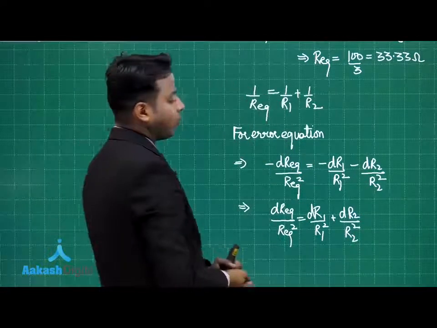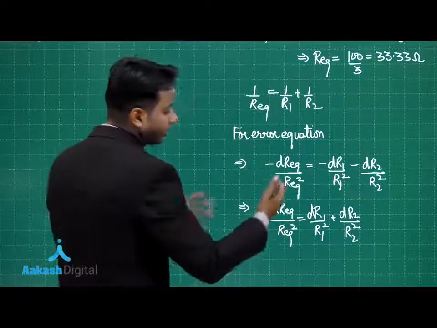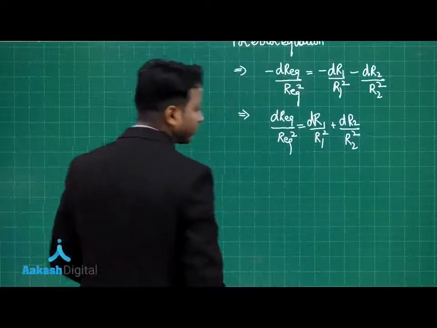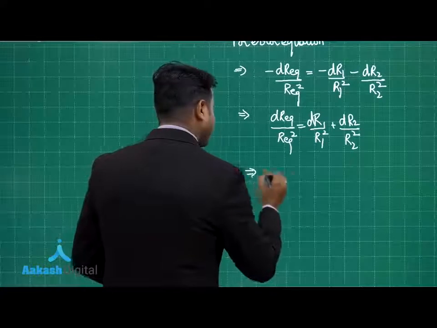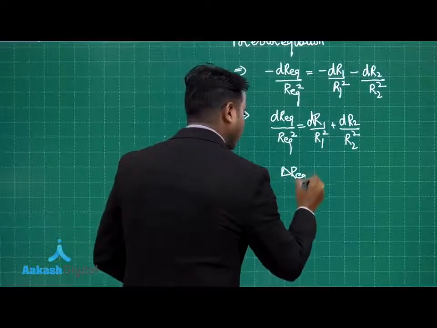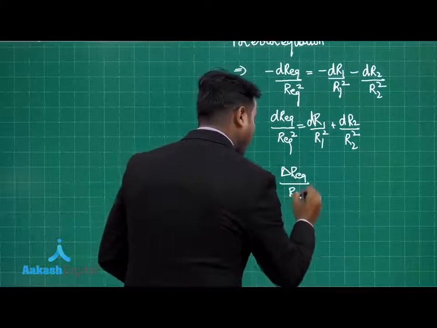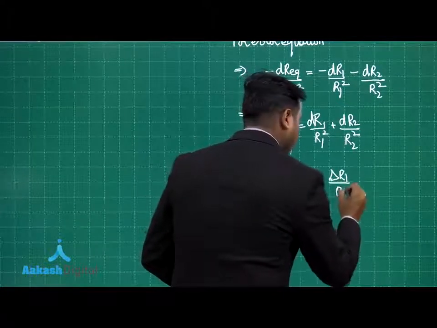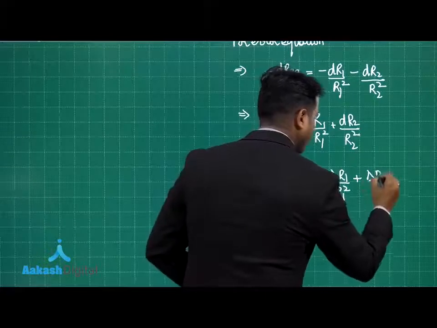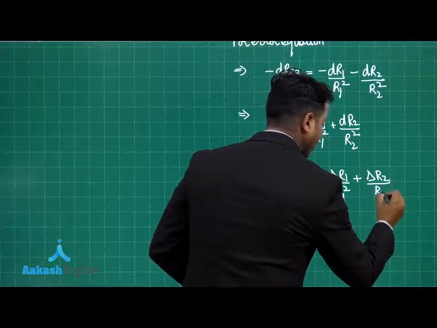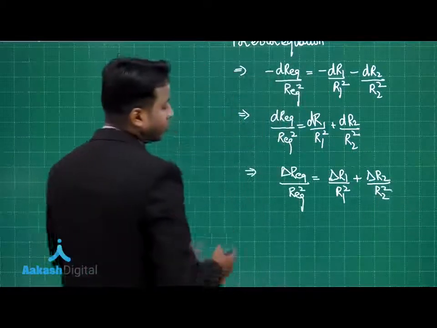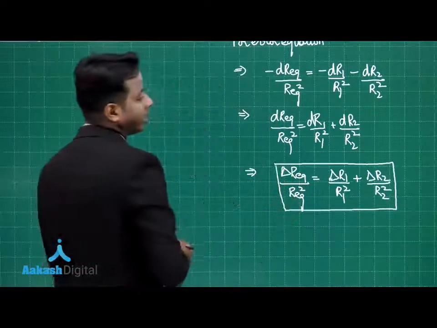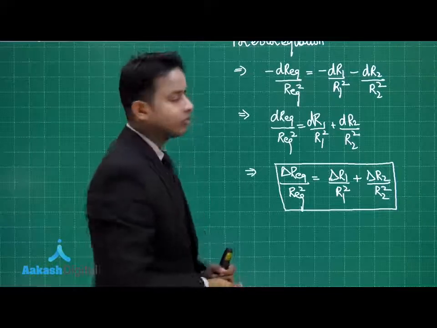Now tell me, what is this quantity dR equivalent, dR1 and dR2? These quantities are respective errors in these particular quantities. So I can write this as delta R equivalent by R equivalent square is equal to delta R1 by R1 square plus delta R2 divided by R2 square.